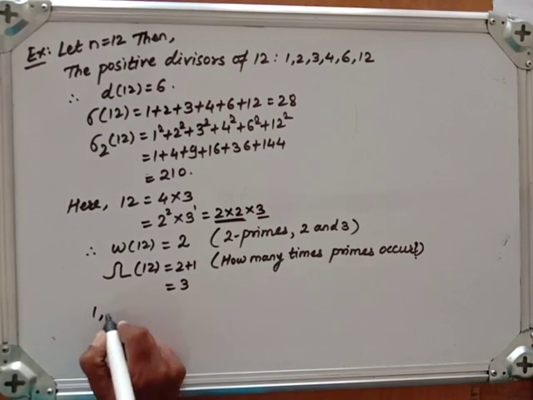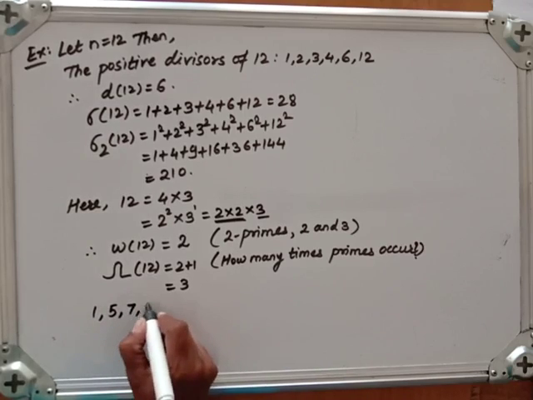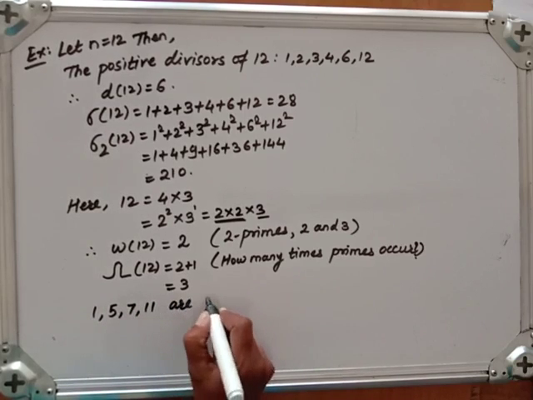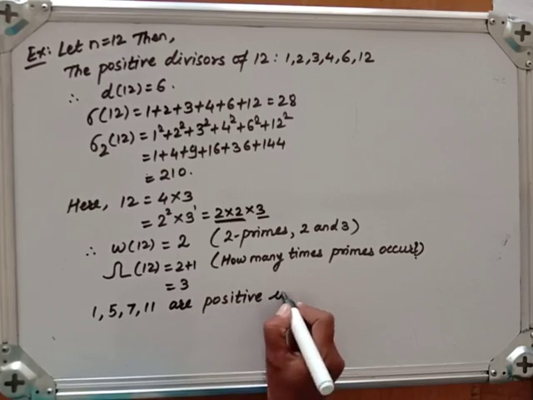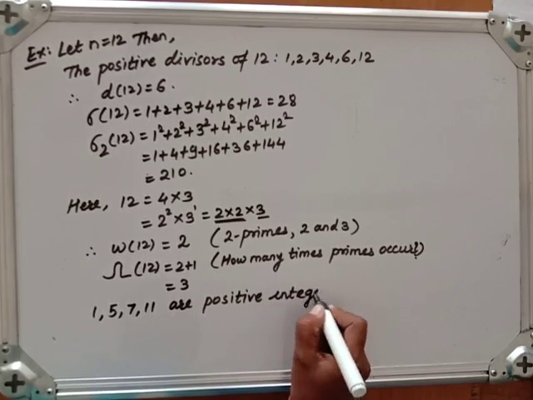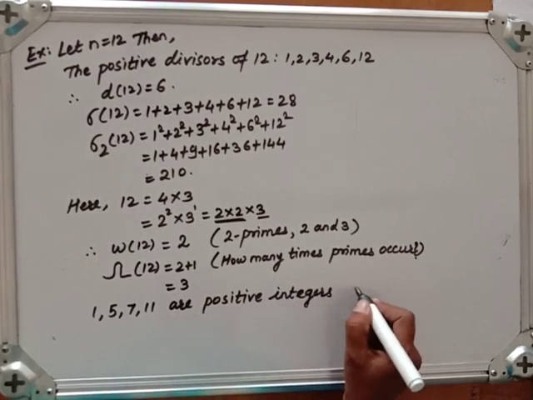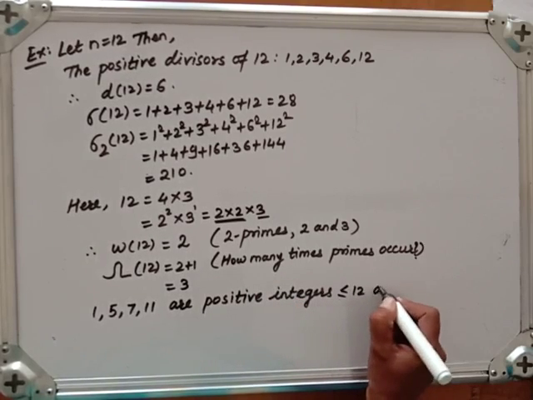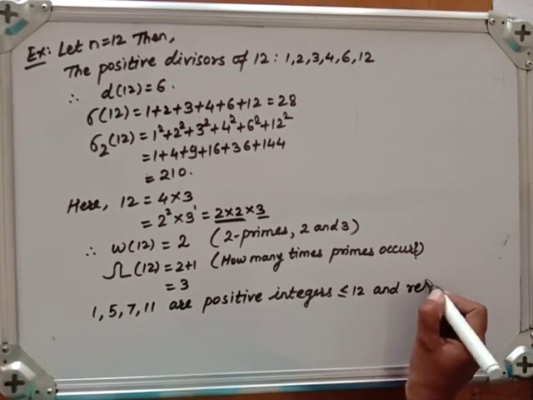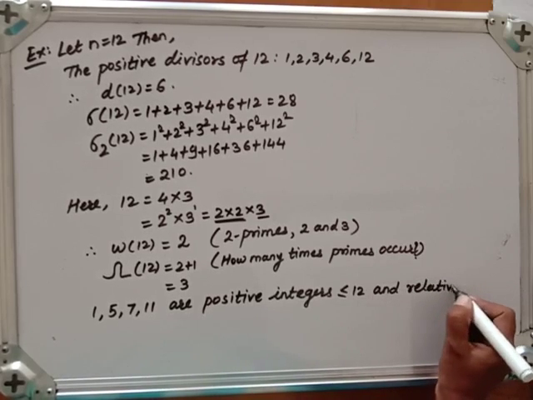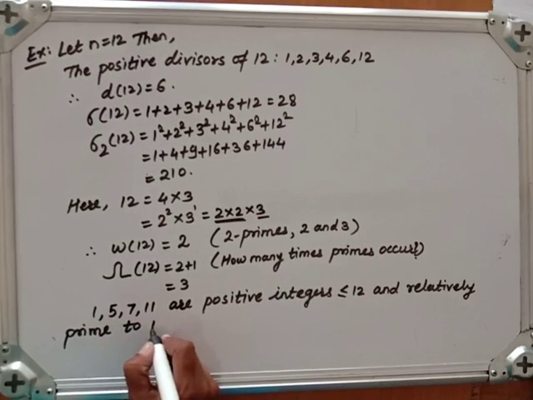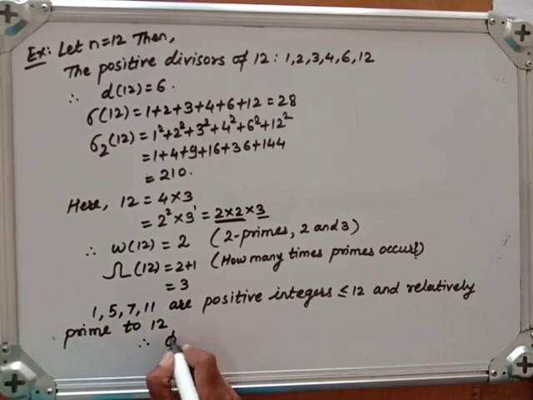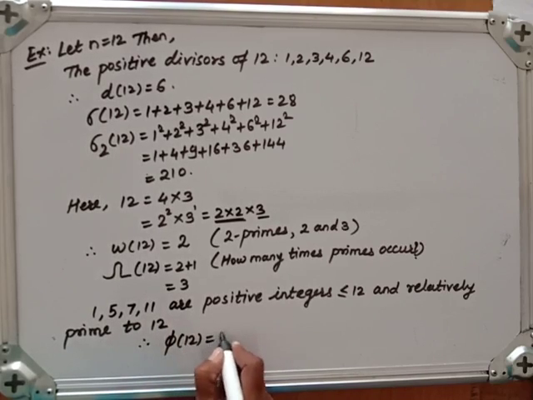So here 1, 5, 7 and 11 are positive integers less than or equal to 12 and relatively prime to 12.